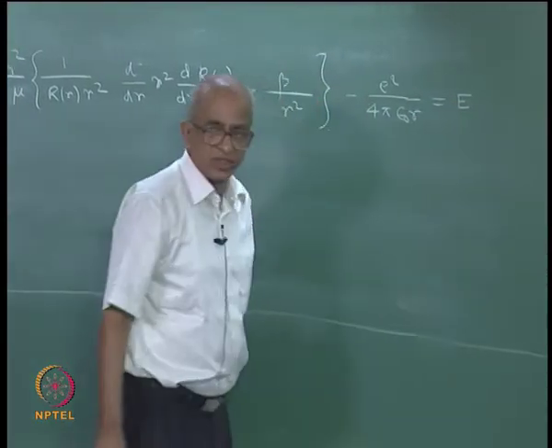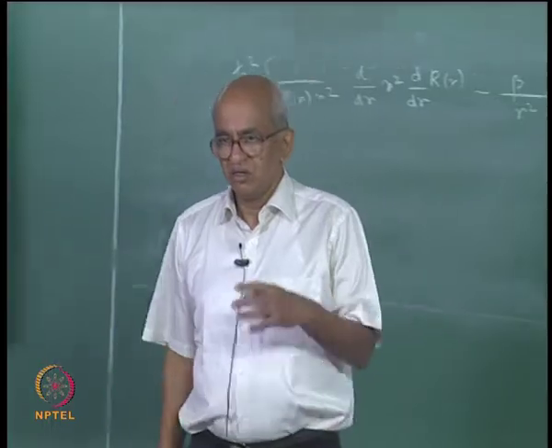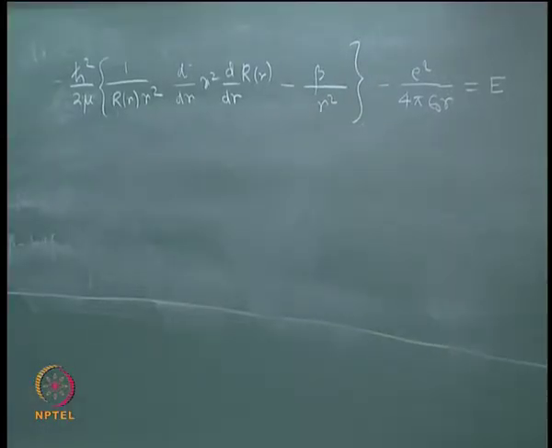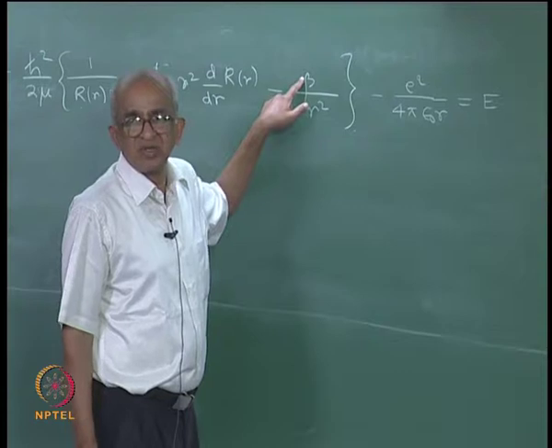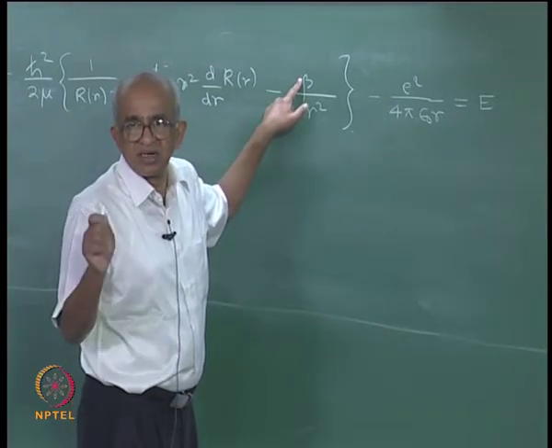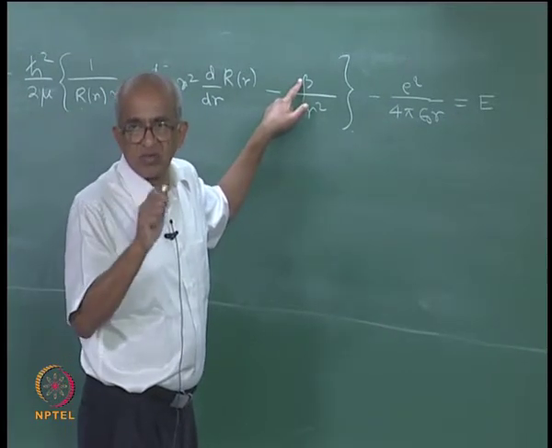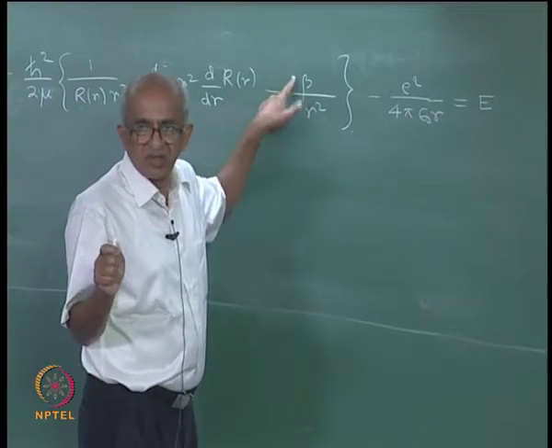This was the equation which we obtained by using the method of separation of variables. But in this equation we would now replace beta, because we have found that beta is restricted, it can have only values of the form L into L plus 1. So, we will put L into L plus 1 here.